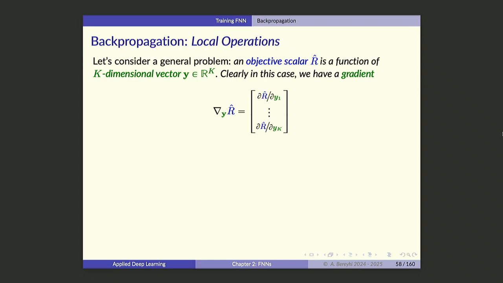We need to do a bit of modification, because we don't look for x, we are looking for the weights. But once we do that, we have the computation graph, and we want to apply the same idea on it. And you're going to see that this is basically just linear operations. And this is why all of those neural networks nowadays are getting trained.